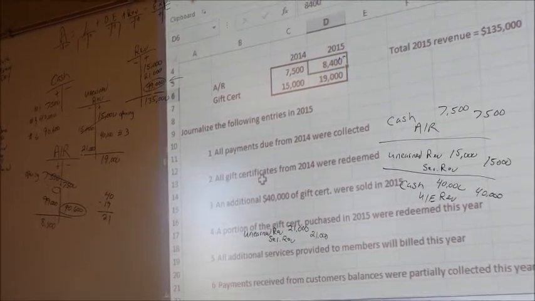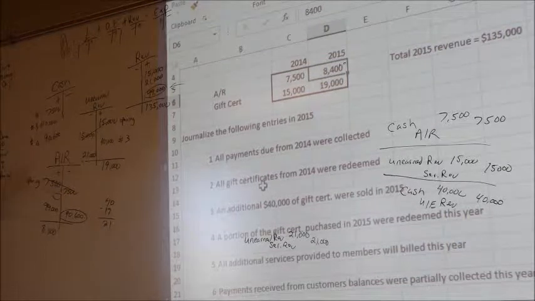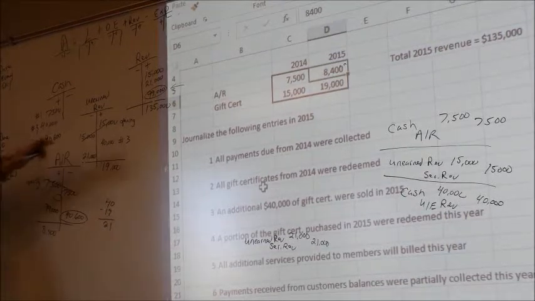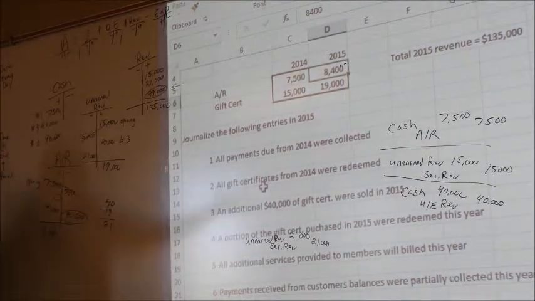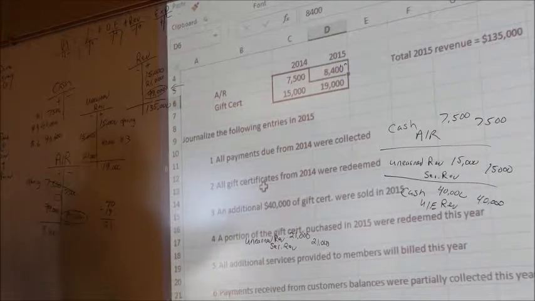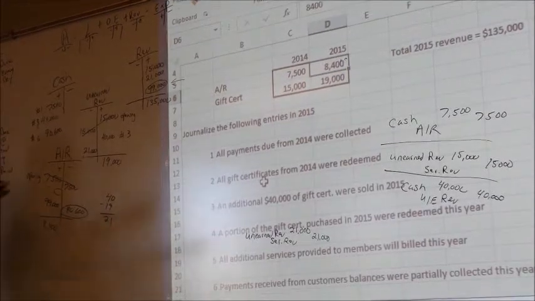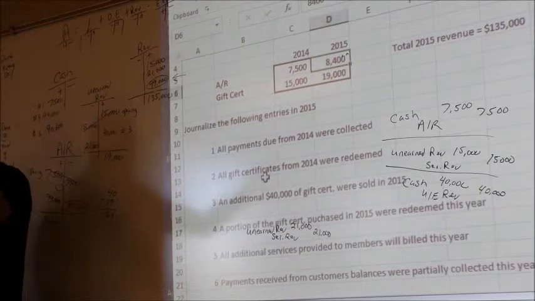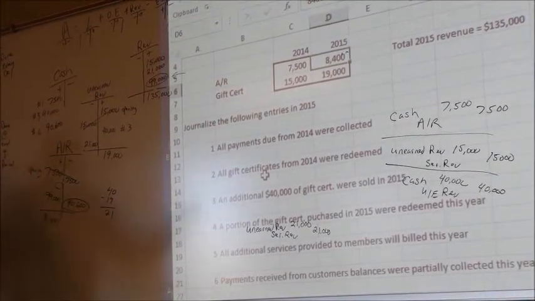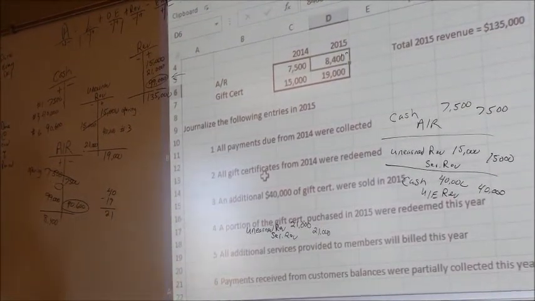Assuming I haven't paid any of my bills yet, do I have $135,000 in my account in cash?